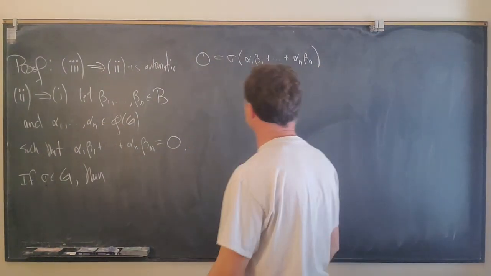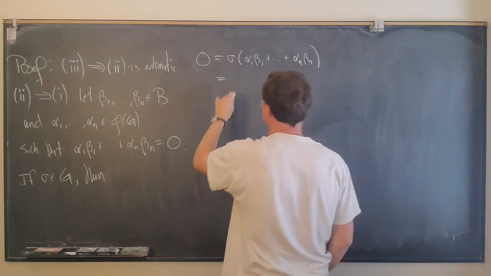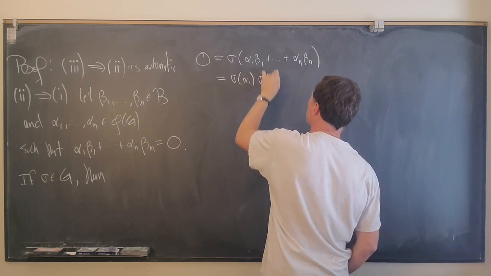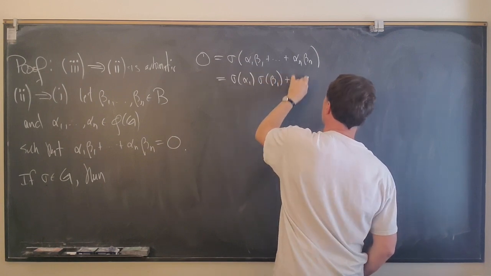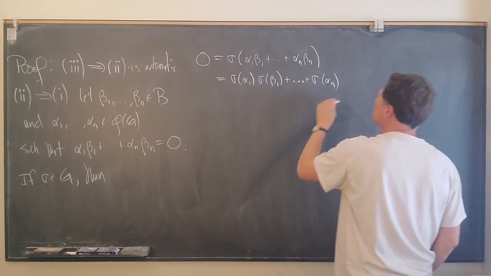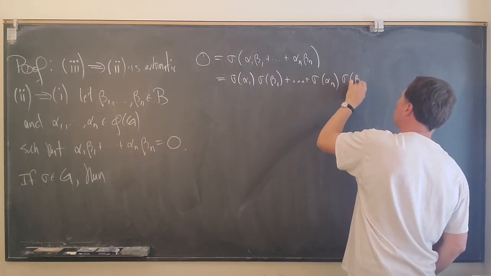And then we know that sigma is a homomorphism, right? So this is going to be sigma alpha 1, sigma beta 1, plus dot dot dot, plus sigma alpha n, sigma beta n.